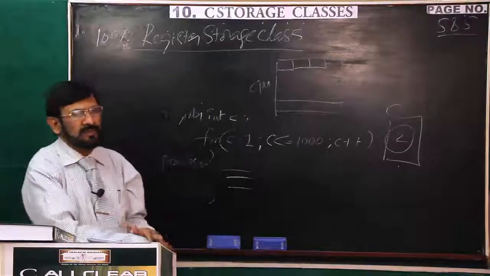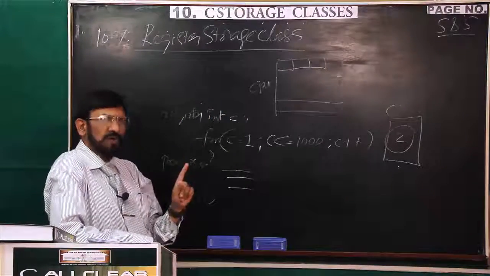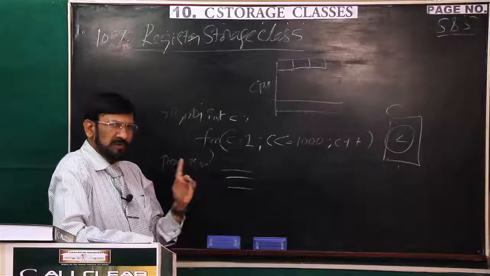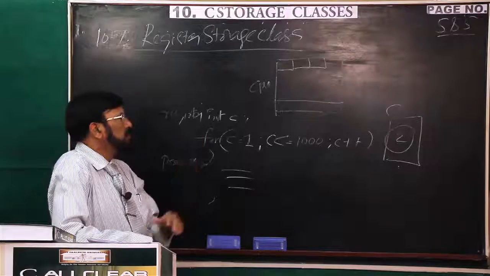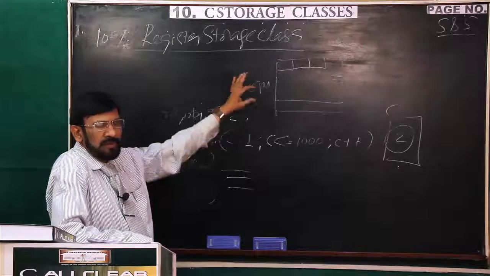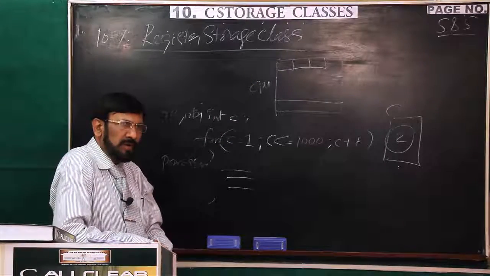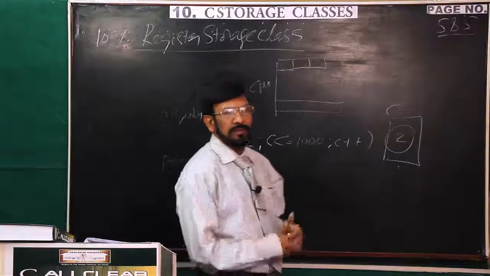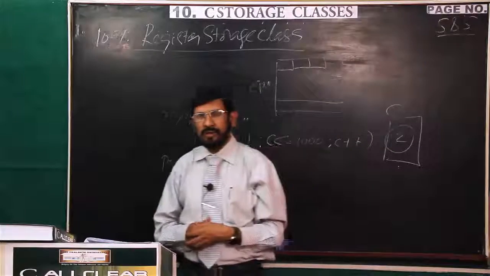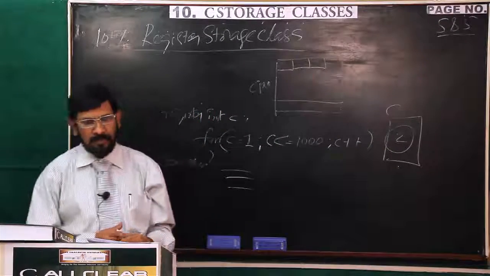As far as register variables are concerned, there is only one difference: the storage place. Instead of RAM, it may be stored in the CPU registers. Because these are 16-bit registers, if you want to store bigger values like long, float and so on, it is not possible.